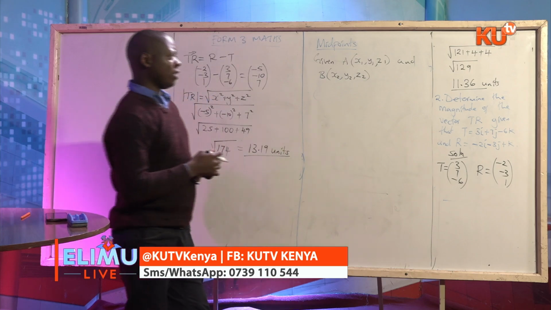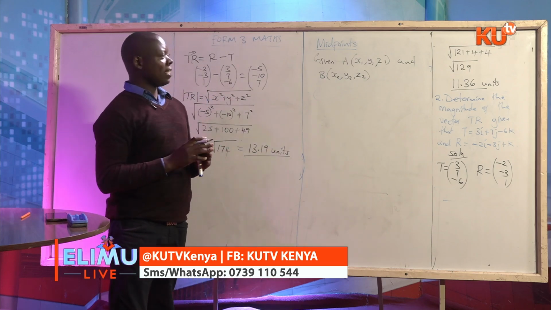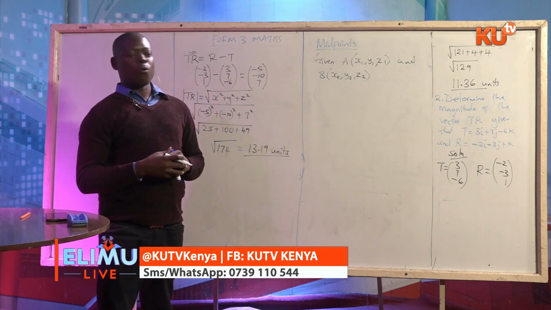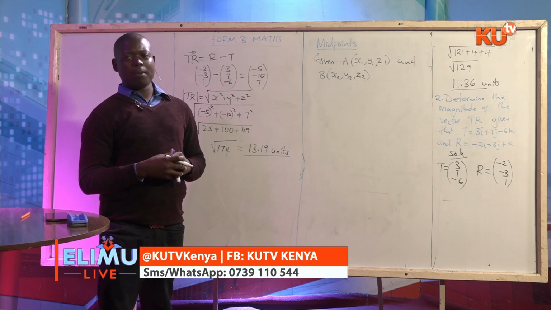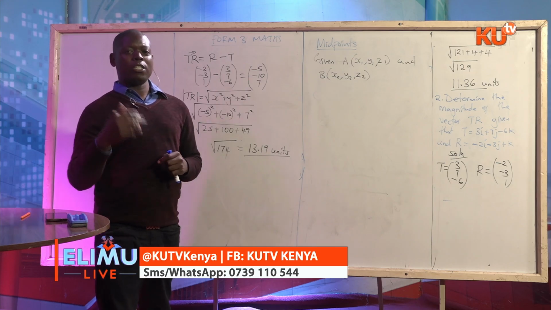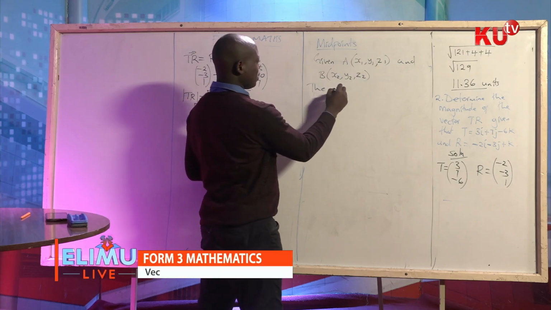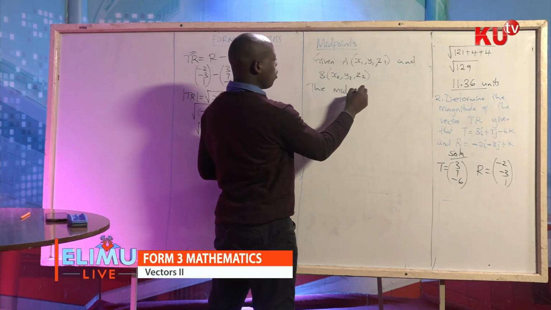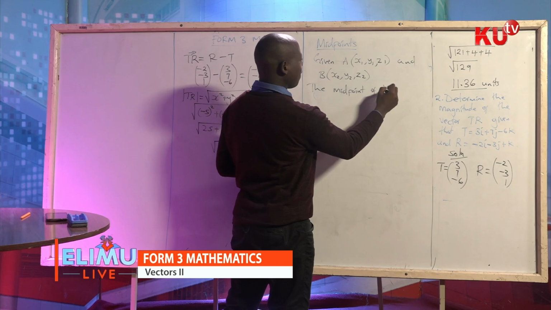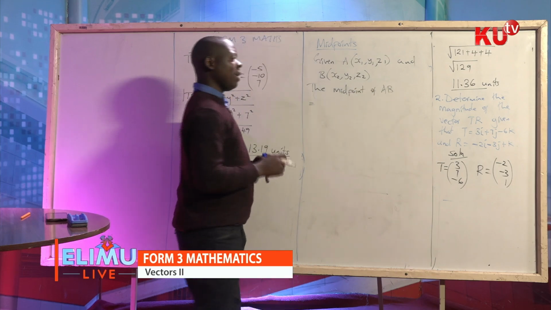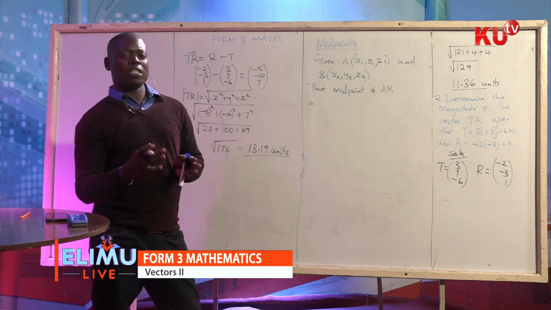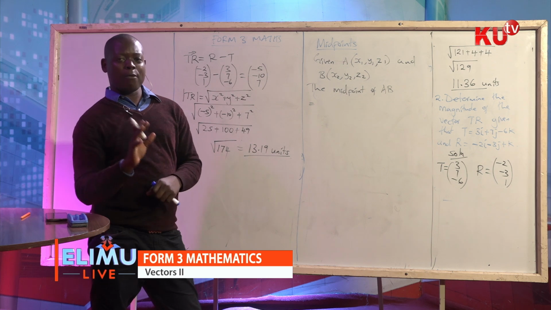These are 2 points, representing x, y, z for each of the points. If we are told to get the midpoint of AB, look at what is on the x, half of it.